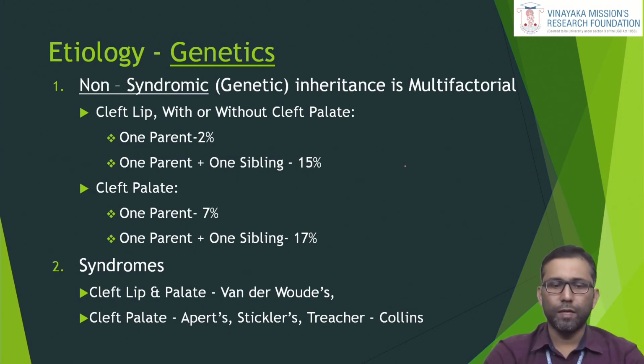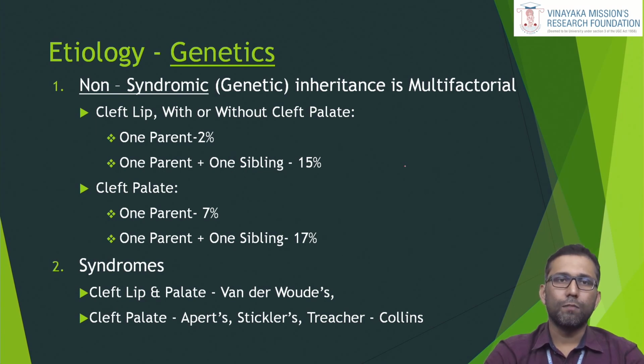Whereas if one parent and one sibling already have cleft lip and palate, there are high chances for the second child, that means 15%. That is a very high predilection: out of 100 children, 15 are sure to have cleft lip and palate. Even though these percentages are in the literature, recently the prevalence and incidence of cleft lip and palate have reduced very much.